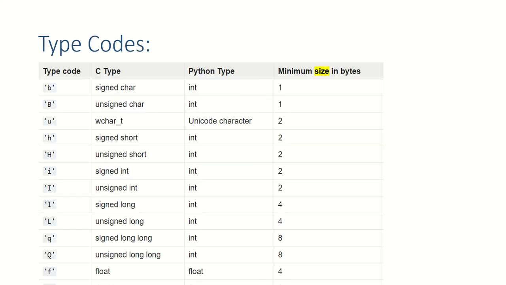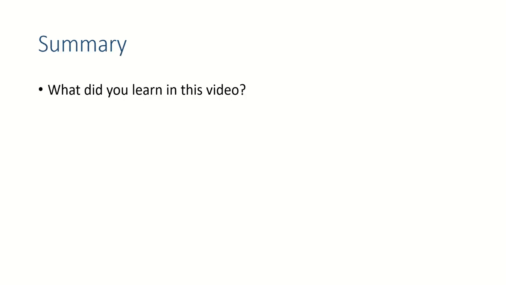Back to your PPT. These are all the type codes you can use for different purposes. You can just go through it and try creating arrays with different data types. These are also available on the Python website. So summary, what did we learn in this video?